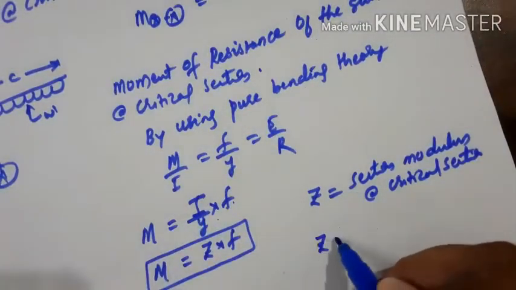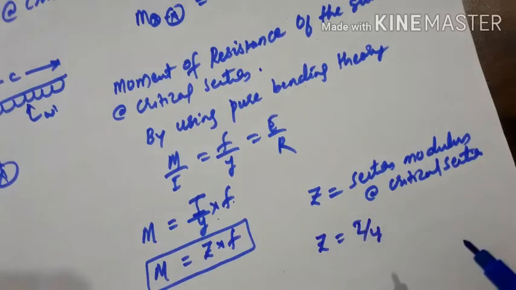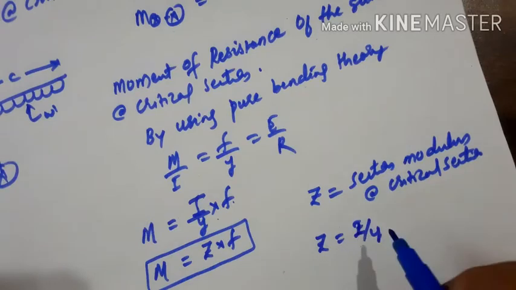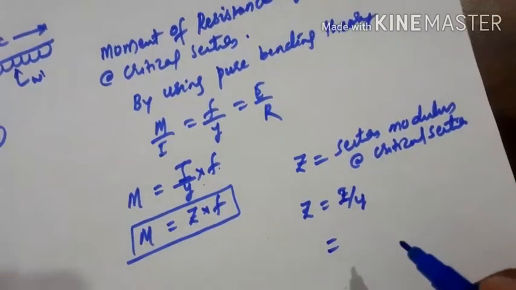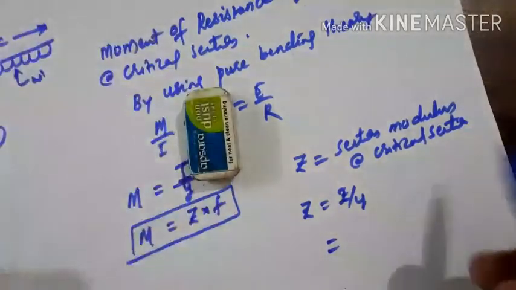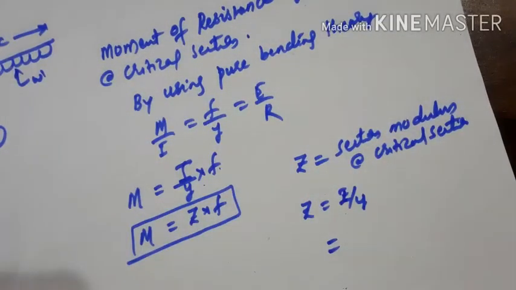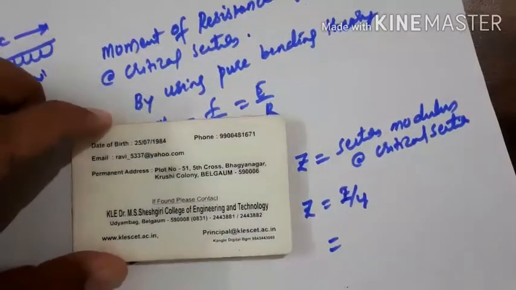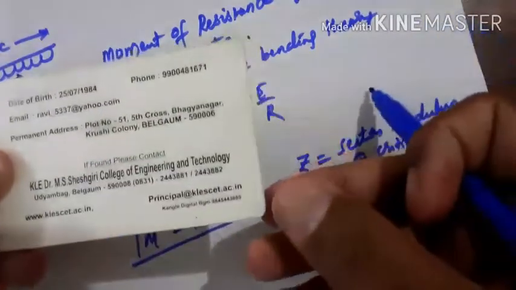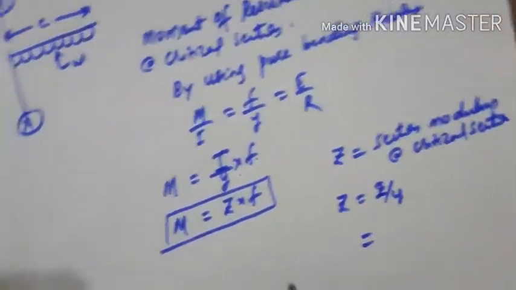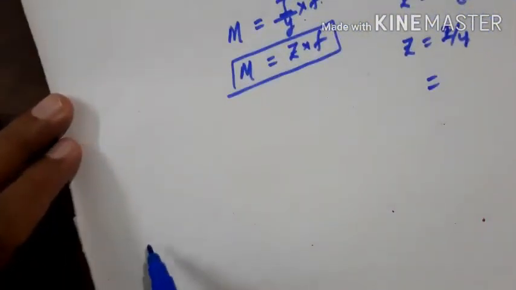Then Z, as you know, is I by y, where I is the moment of inertia. Suppose this is the plate, or else you take this as the plate, then with thickness, b into d. I'll draw it here.